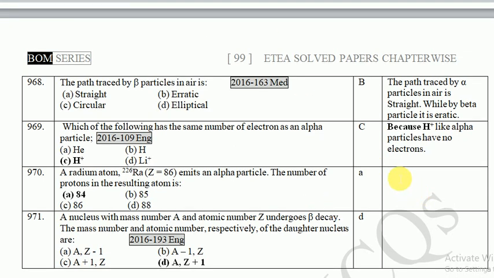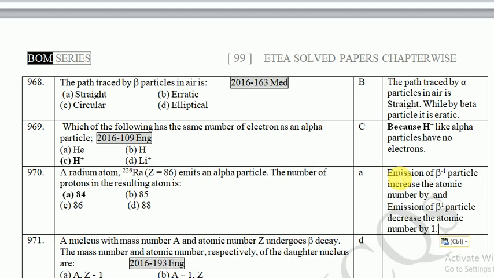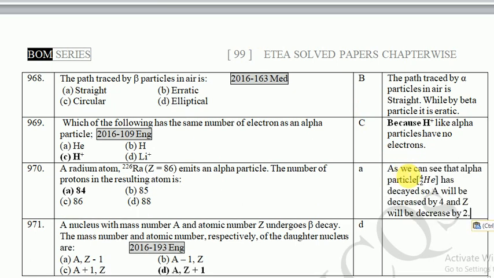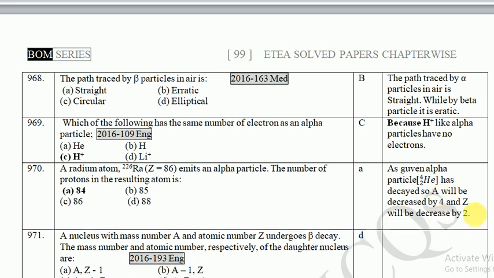Now, in the question they have given that an alpha particle is removed. This is an alpha particle, so A will be decreased by 4 and Z will be decreased by 2.